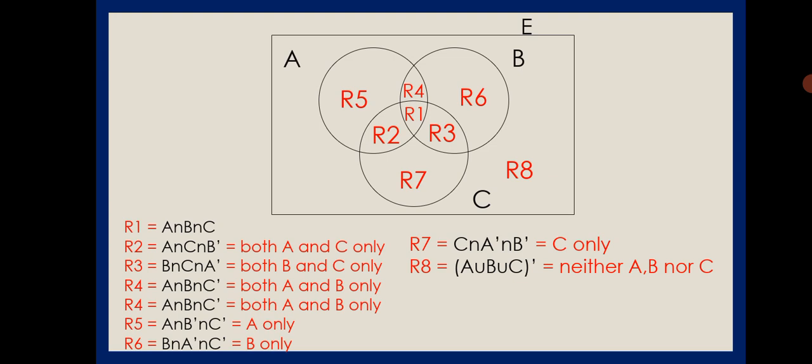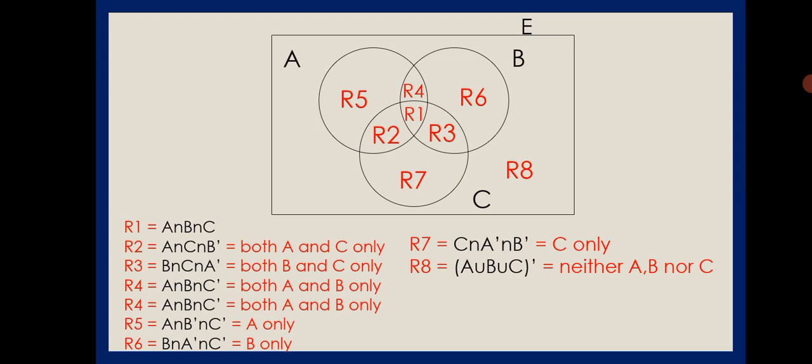We could also see 3 circles. So therefore, we don't forget our E, that's the universal set, the mother set of A, B, and C, is also there.